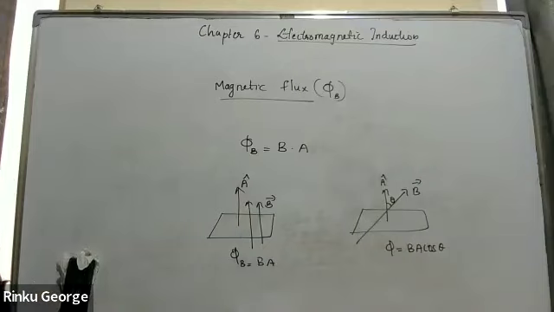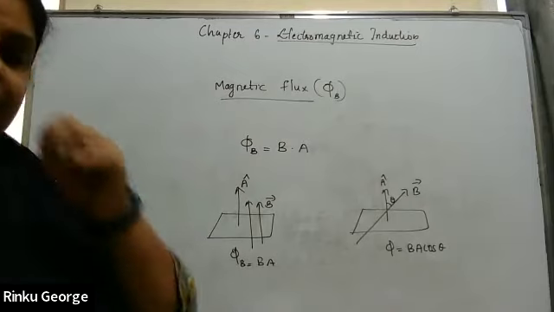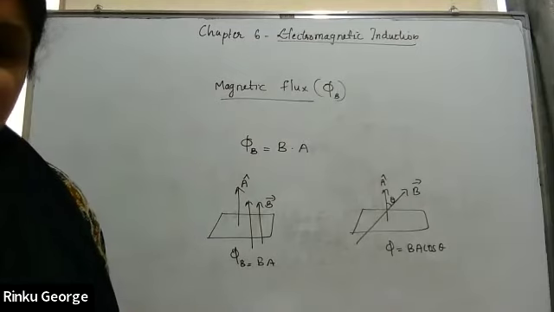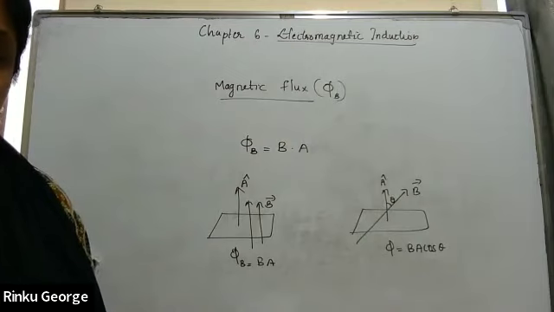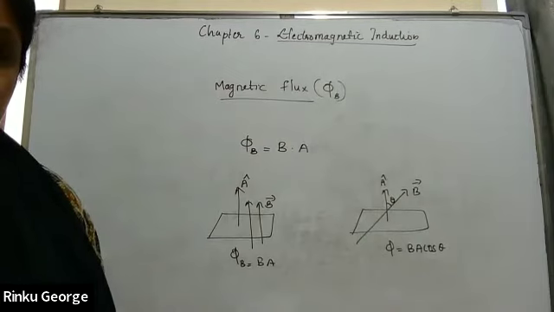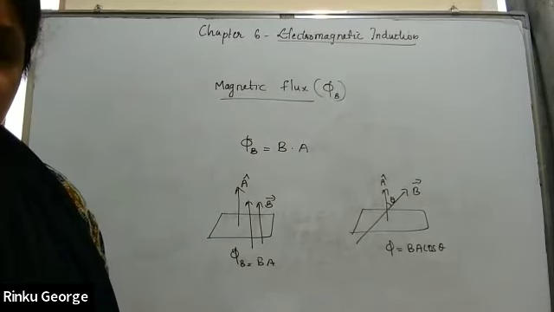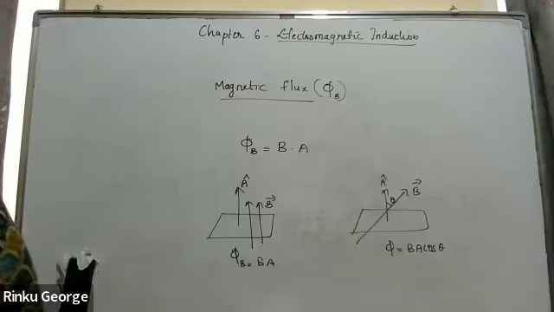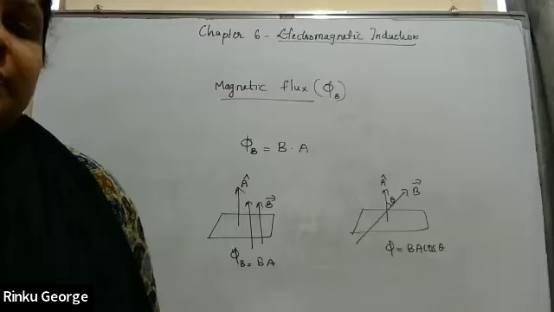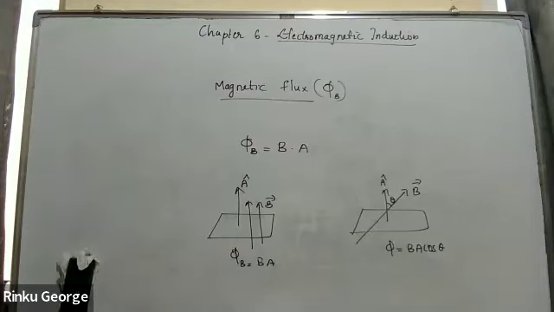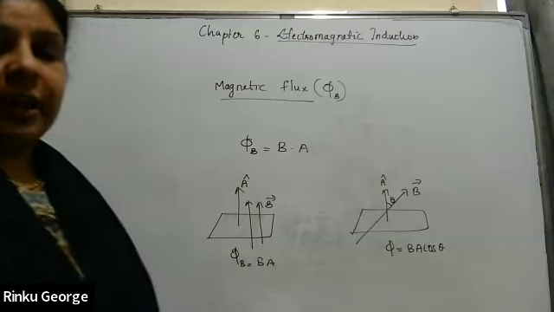It is the total number of magnetic field lines crossing through any surface normally, when it is placed in a magnetic field.